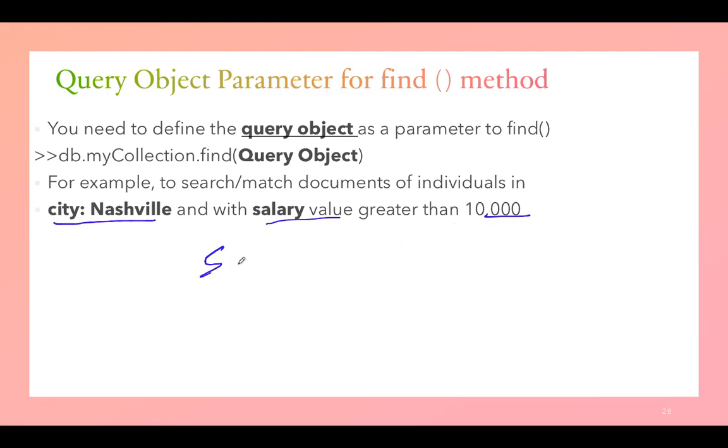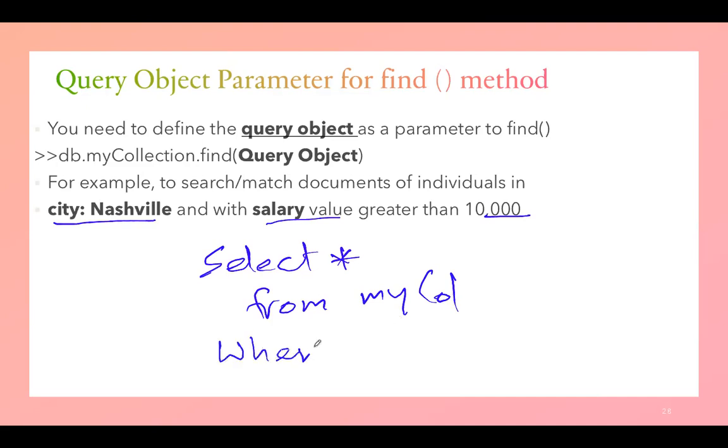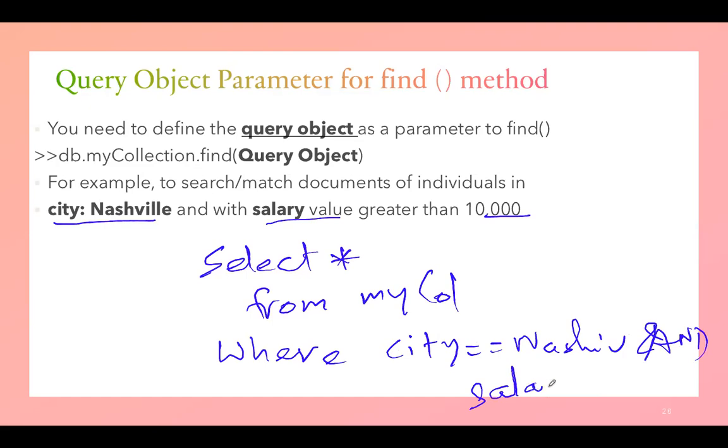So in other words, if you write it in SQL, I can write something like this: from my collection, because now we don't visualize it as a table, we visualize it as a collection, where city equals Nashville and my salary greater than 10,000. This is exactly what we're going to query on MongoDB.